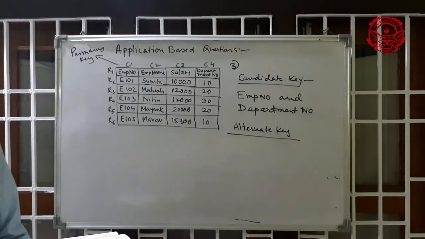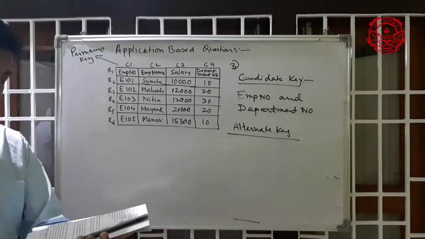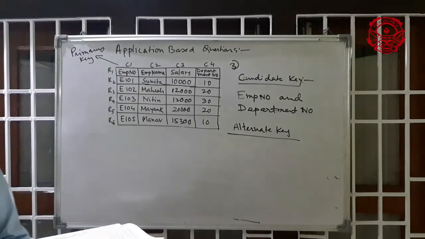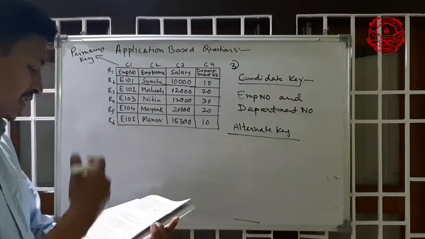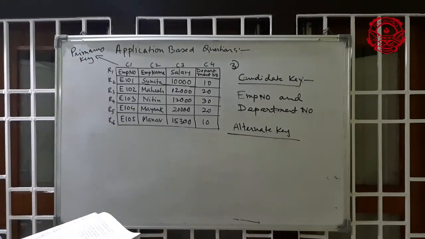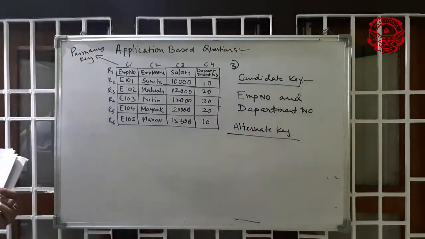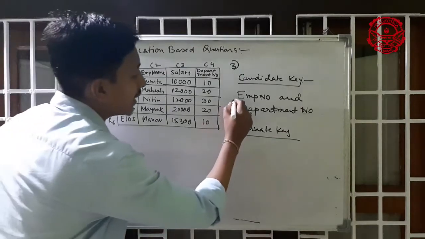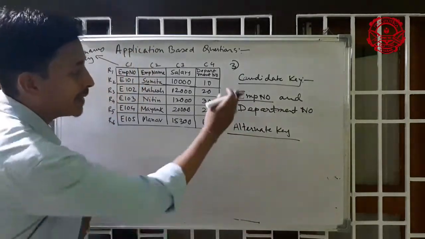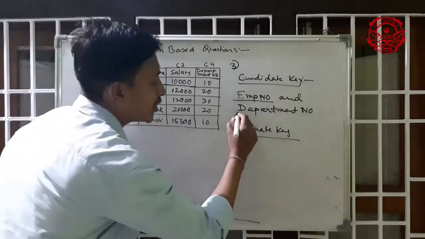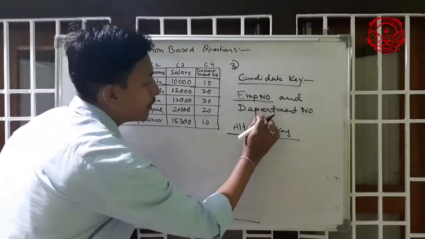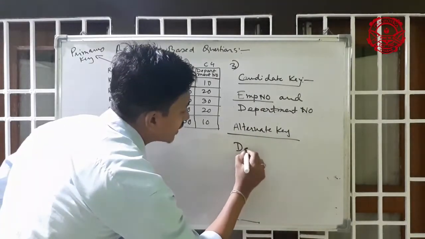Here you can see EMP number and department number both are candidate keys, but EMP number I take as a primary key and department number is not a primary key. So that's why department number is what? It is an alternate key.